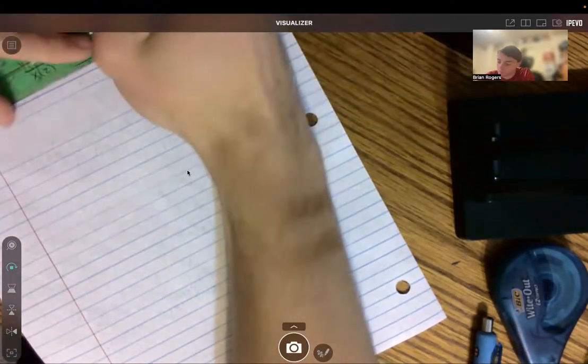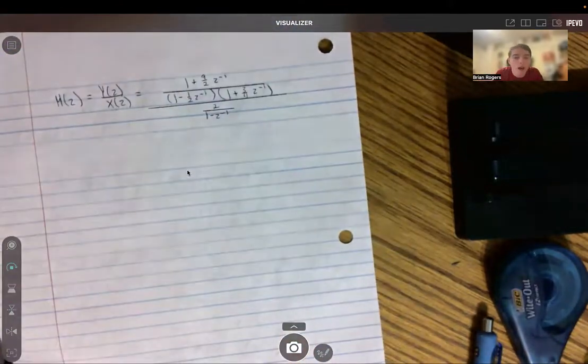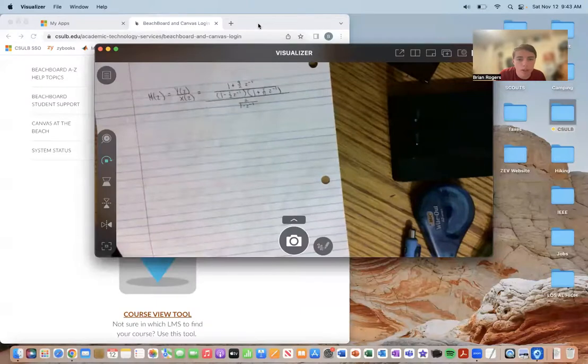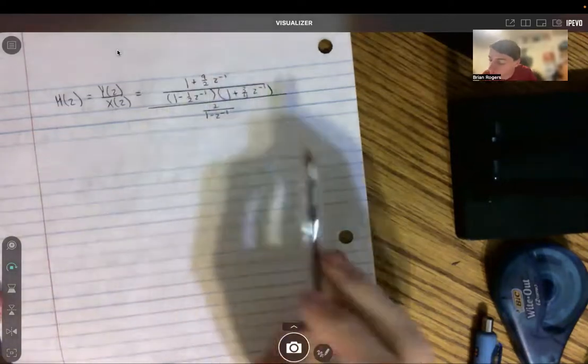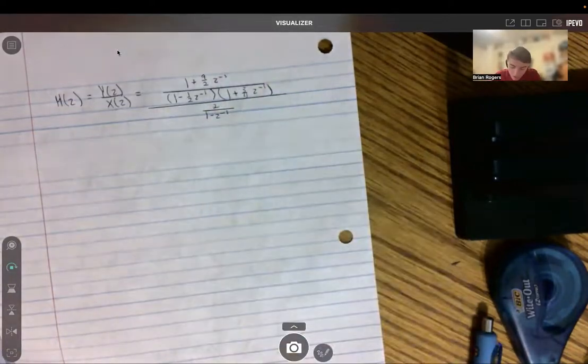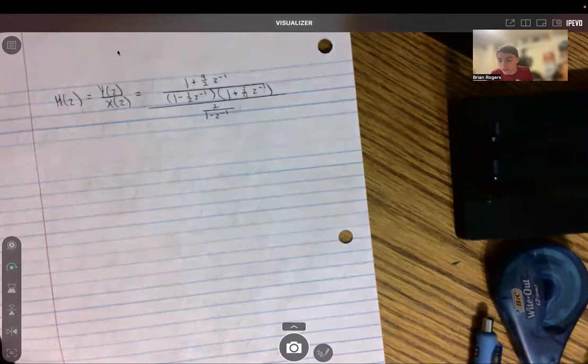Okay. Now that we have that written out, we're going to have to simplify. When we simplify here, what we're going to see is, are there any terms that cancel? And when we do the simplification here, sadly, there's no 1 - z^-1 anywhere.